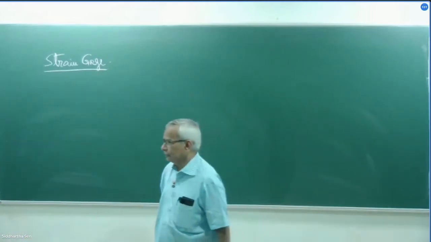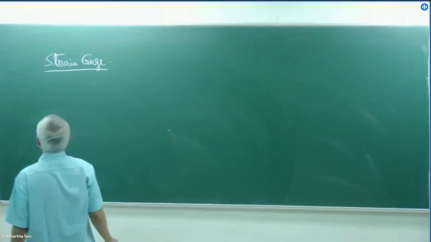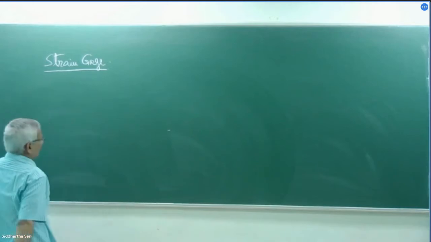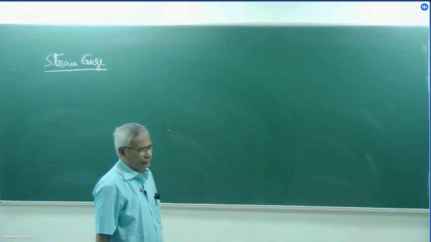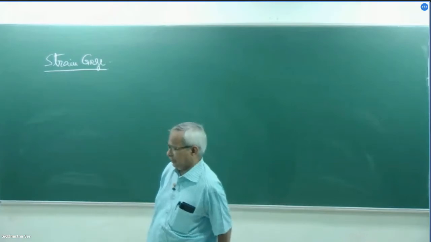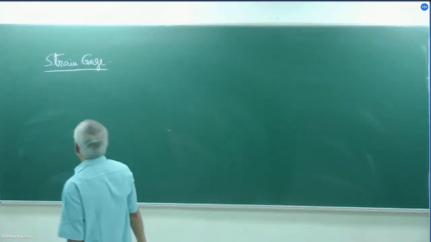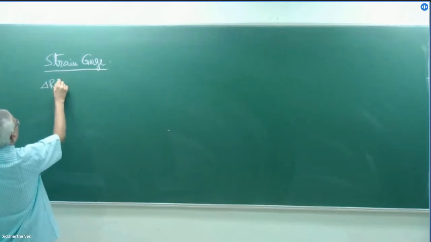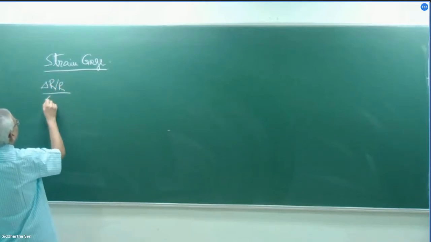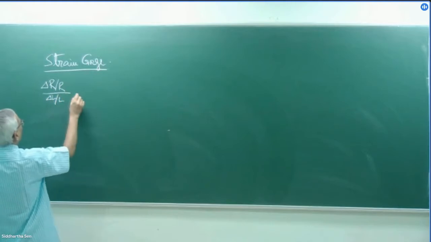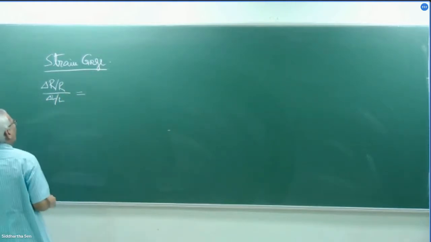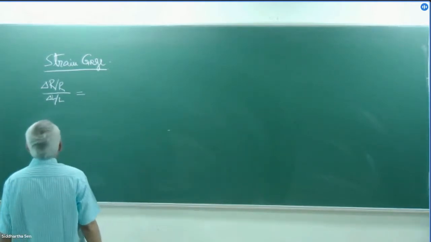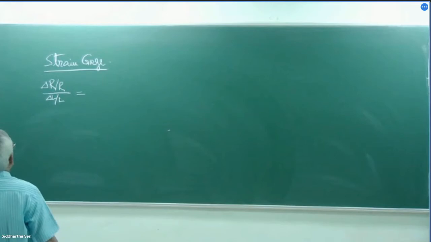We learned that if it is a strain gauge, it is basically resistance that changes with the applied strain. The change in resistance versus applied strain is expressed as del R by R divided by del L by L, where L is the length of the strain gauge.